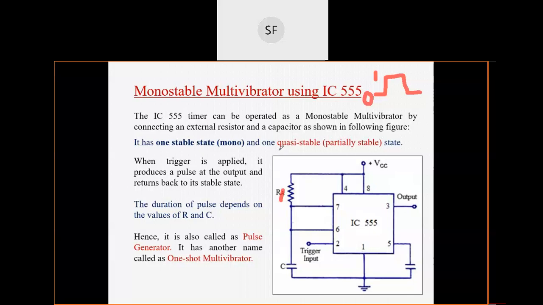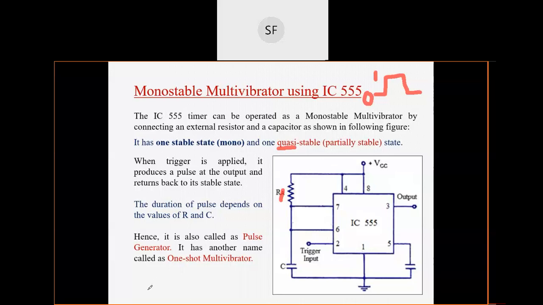This word quasi is nothing but partially or semi. So the second state will be a semi stable state or partially stable state. I'm just giving you the output waveform so that you will be able to imagine how its output will be.